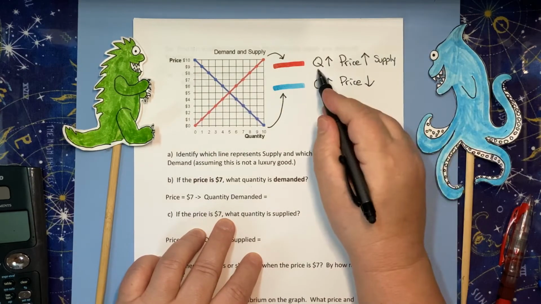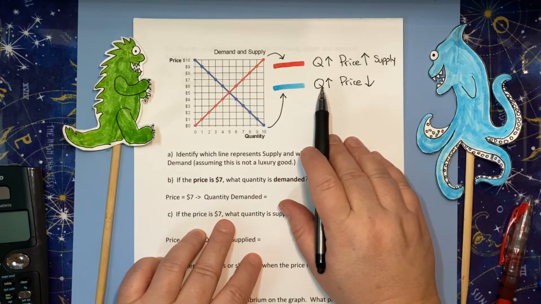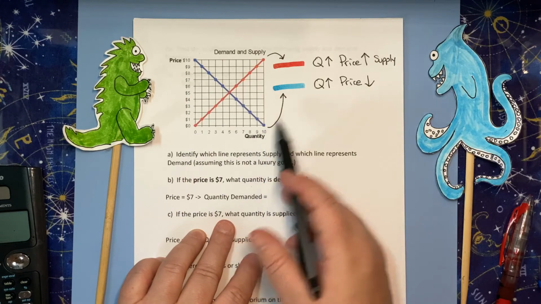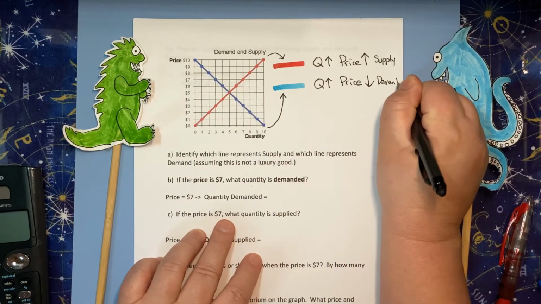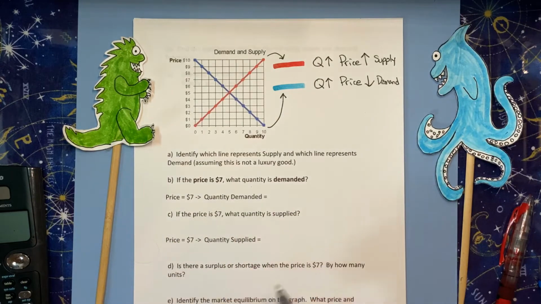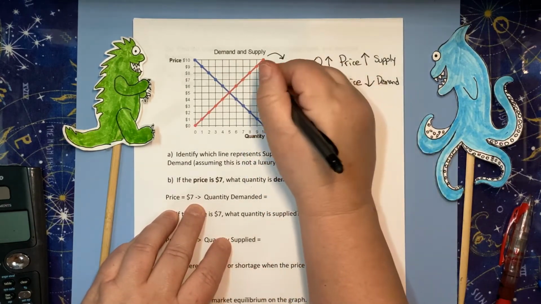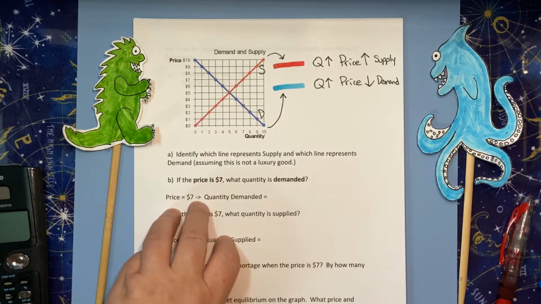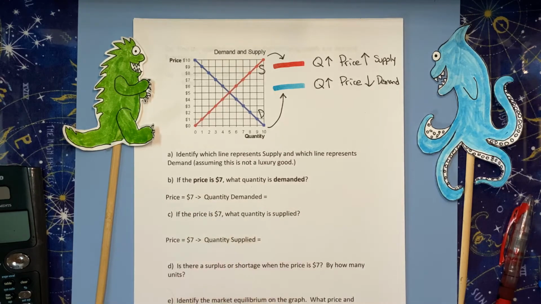If they move in opposition, as the quantity goes up, the price comes down, so it's a negative slope, then this is demand. Okay, so this is demand right there, and this is supply. Woohoo. And we usually just write D and S, so that's pretty consistent in economics.